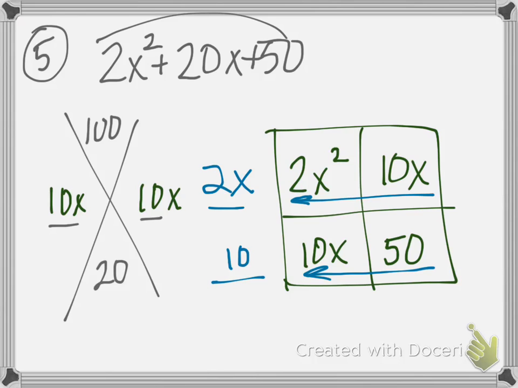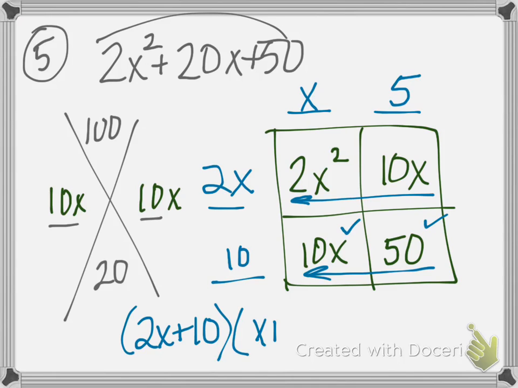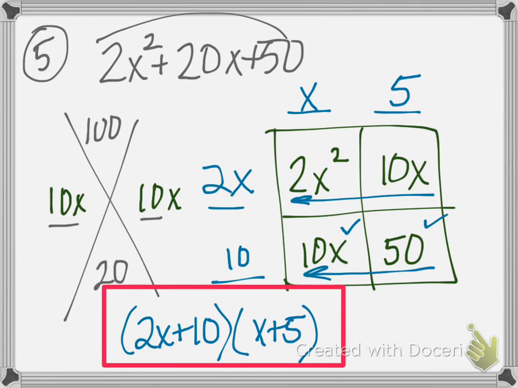So 2x times x is going to give me 2x squared, and 2x times 5 will give me 10x. So to check, 10 times x is 10x, 10 times 5 is 50, and here's the solution. We have 2x plus 10 times x plus 5. There is our factored form for number 5.